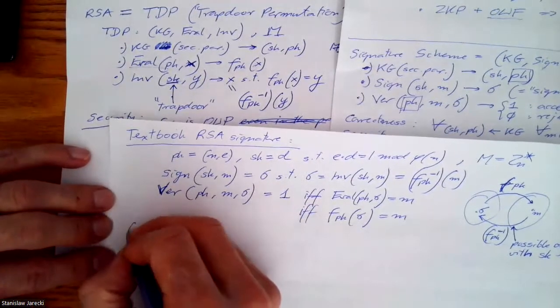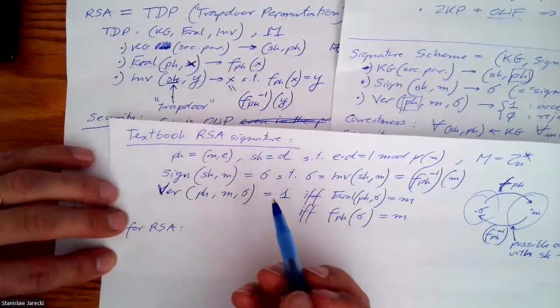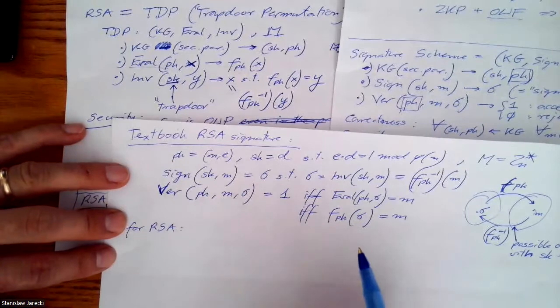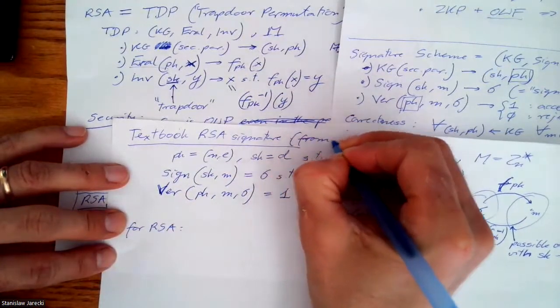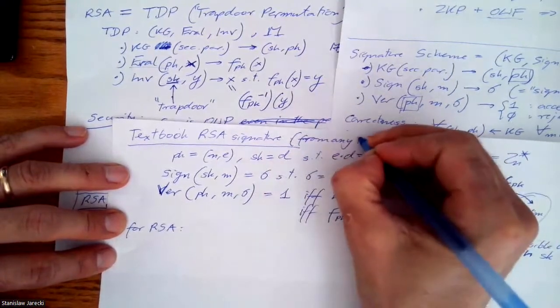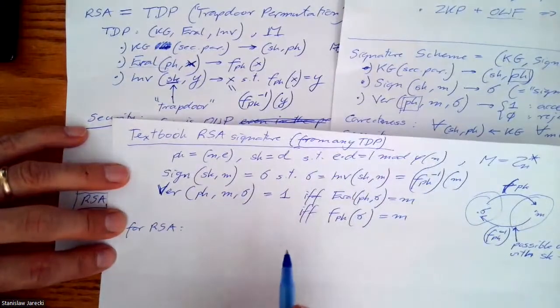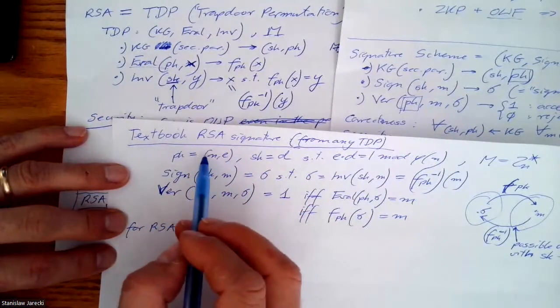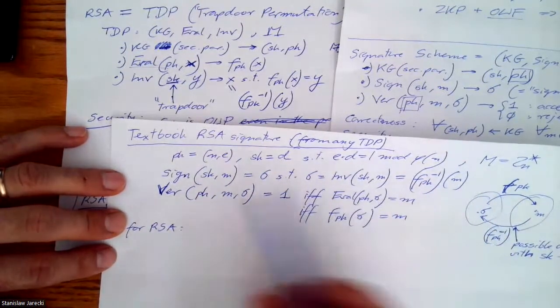So for RSA, this is in fact really from any trapdoor permutation. There was nothing specific about RSA, right? If you have any trapdoor permutation, you can do the same thing.